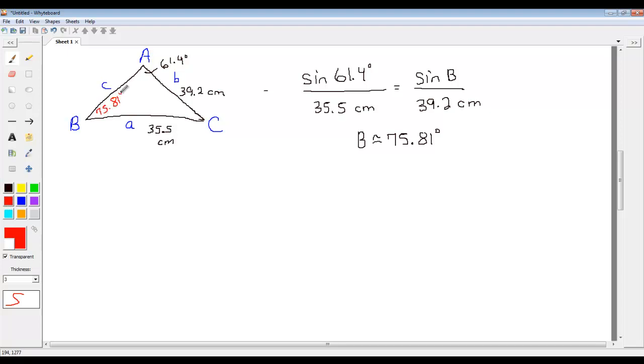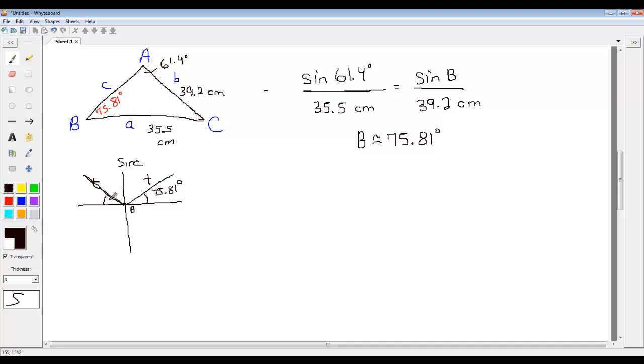But wait a second. Let's think about this. Think about our quadrants. Sine is positive here and positive here. When we did the inverse sine in our calculator, it gave us the angle in quadrant 1 that would make this true. But it turns out there's an angle in quadrant 2 that would also make this true.